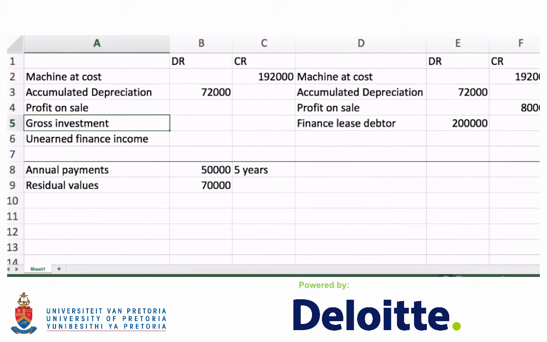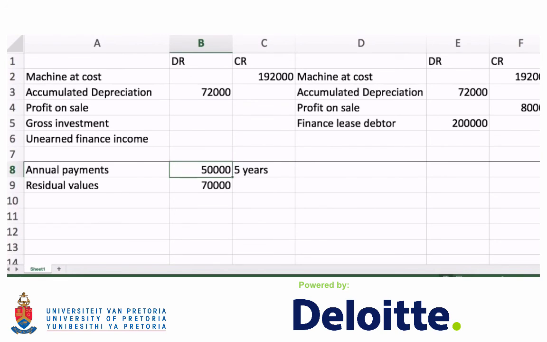We in South Africa recognize this gross investment, which essentially is all the payments that you're going to receive on this finance lease. And remember, working with the lessor accounting, he takes into account the guaranteed and unguaranteed residual value, which was given to you in the question as 40,000 and 30,000. So my total residual values here is 70, which we'll be receiving in future.